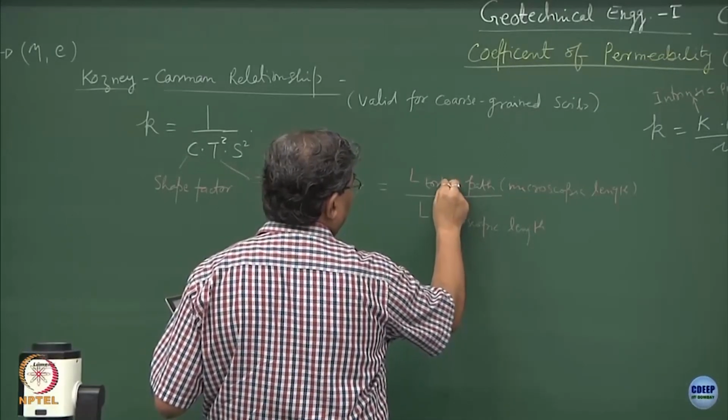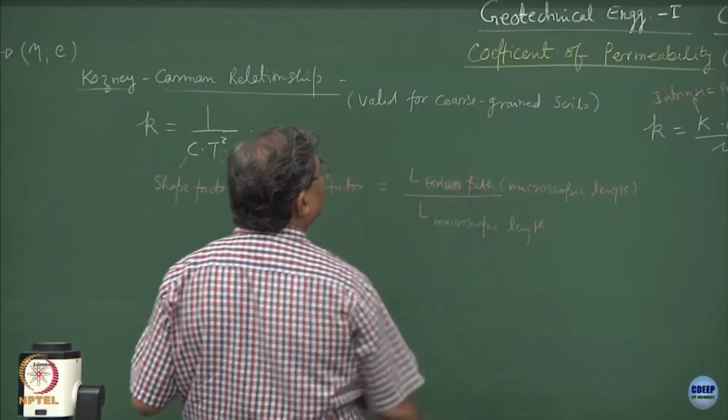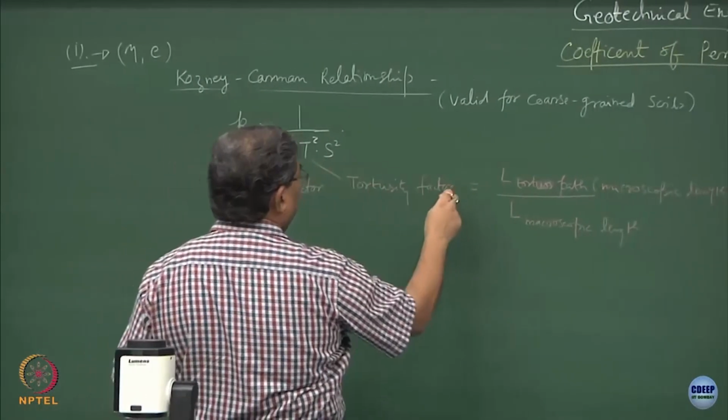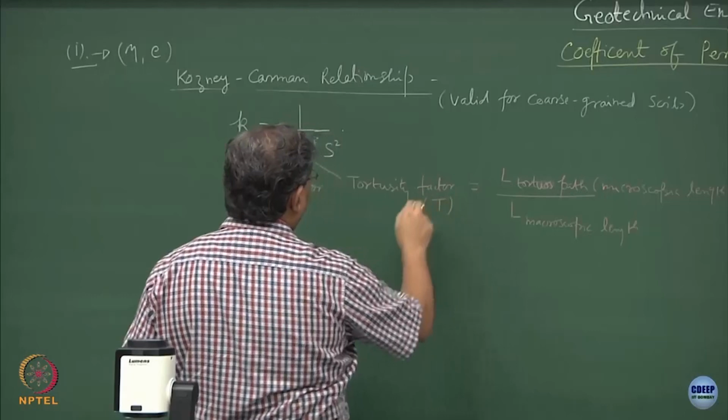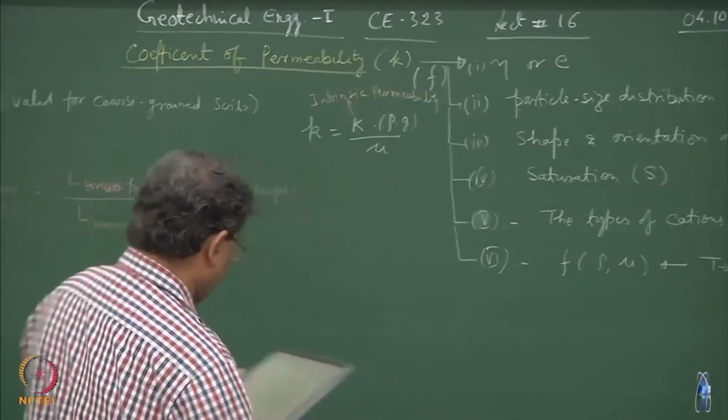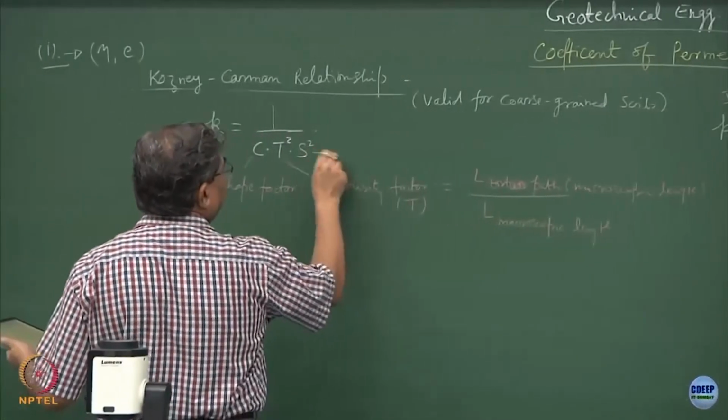So, this is a square of T term and S corresponds to the specific surface.